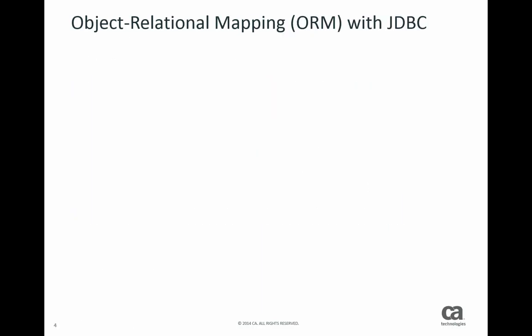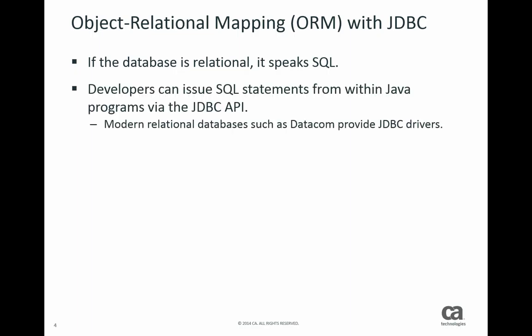So you can solve it sort of directly with JDBC because relational databases will speak some dialect of SQL. Then the developers can issue SQL from within a Java program through the JDBC API.